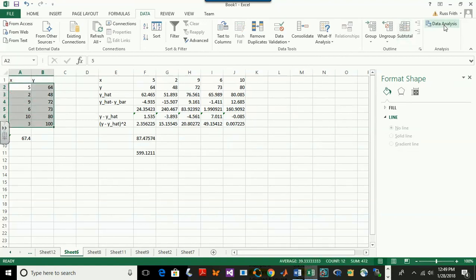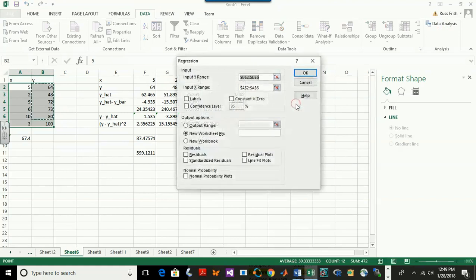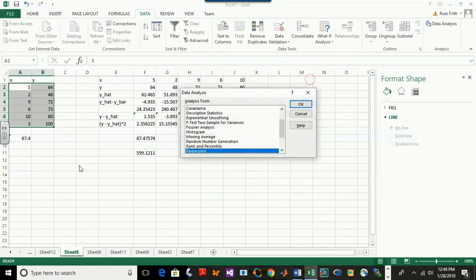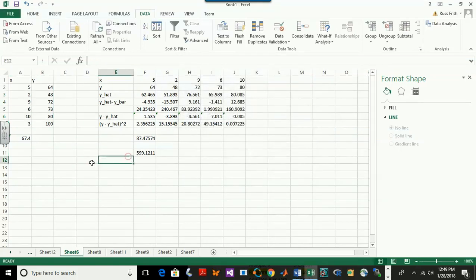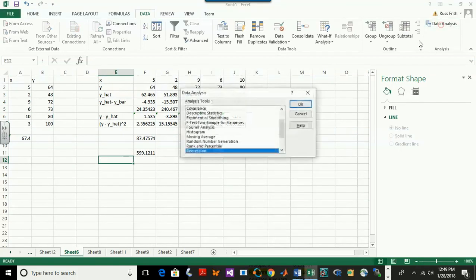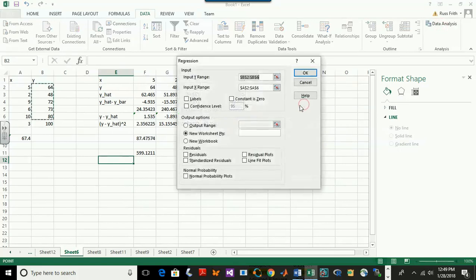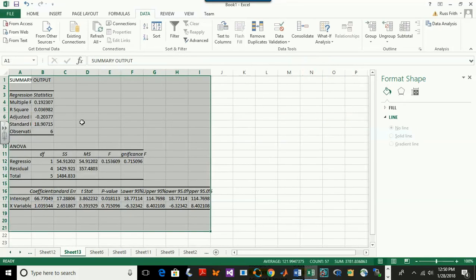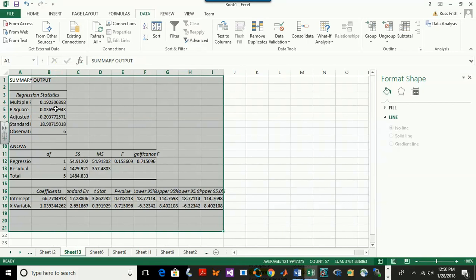So data analysis regression. I have to clear it. Cancel. All right. Data analysis regression. Y values are now this. Okay, the X values are now this. Okay, our regression is, and then look at your R², 0.03, okay?